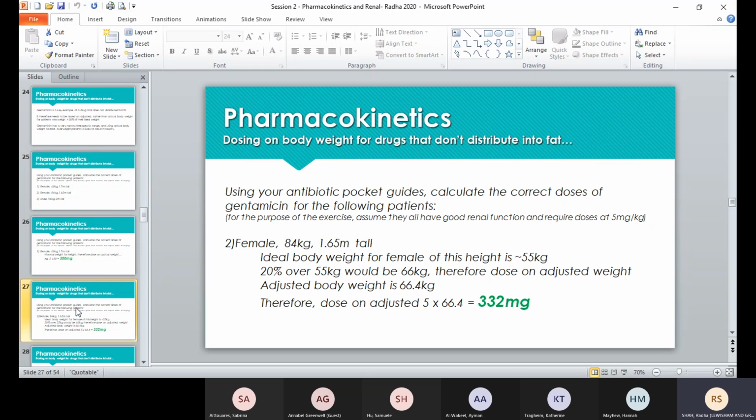She is 20% above her ideal body weight, because 20% above would be 66 kilos and she is 84 kilos. Therefore, we'd be using adjusted body weight, and in this case it would be 66.4 kilos. So we would just do 66.4 times 5, which is 332 milligrams. That makes sense to everyone?